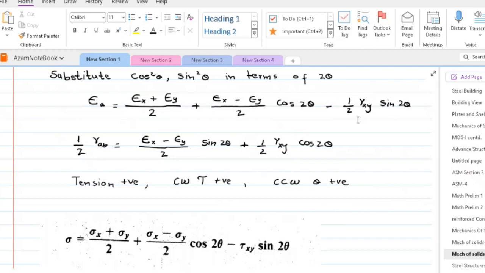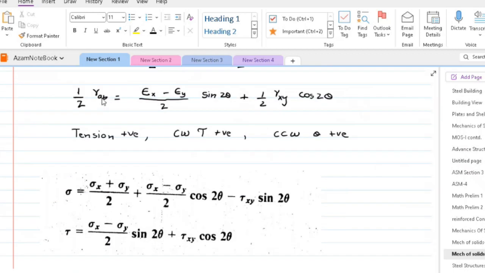The only difference is that the shear strain is halved, whereas in the stress expression, the shear stress is taken as full. Similarly, the shear strain expression and the shear stress expression are analogous.